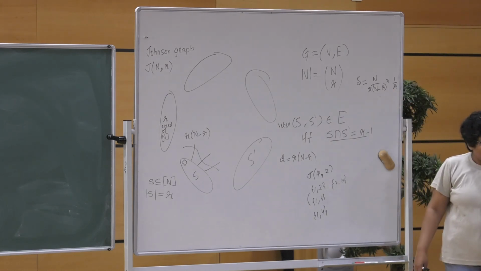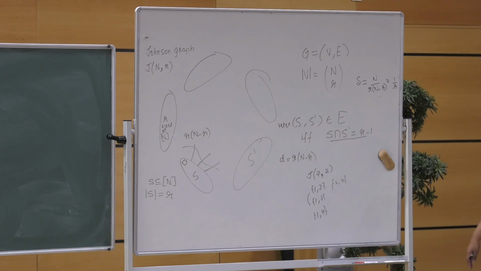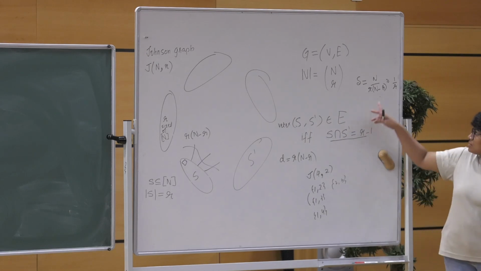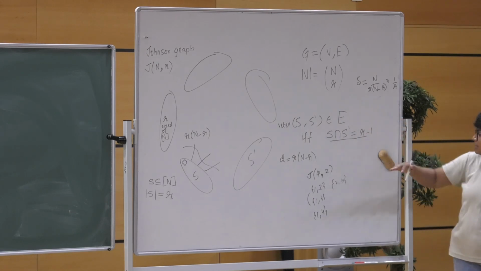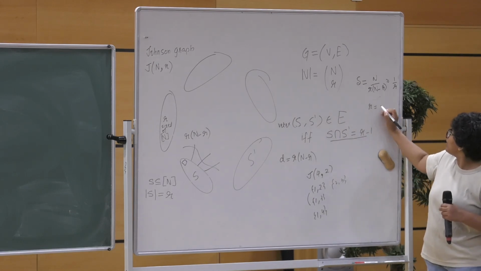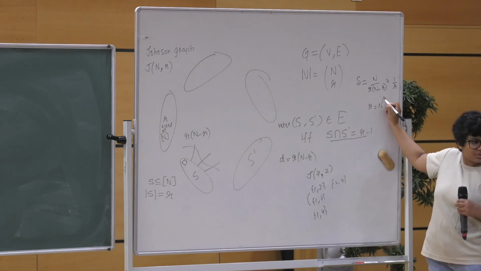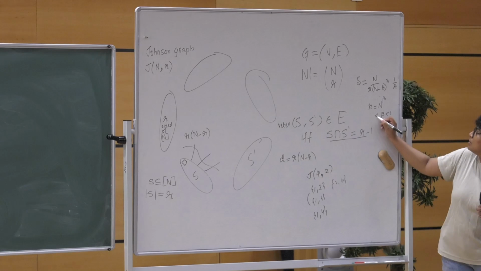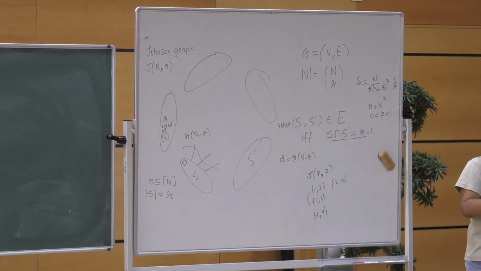When I look at it, N is very much greater than R, so you can neglect R with respect to N, and then you have the approximation 1 over R. It is going to be much greater than R. If your R is going to be some N power beta, which is what we will choose, for a beta strictly between 0 and 1, so we will make it polynomially related, but yes, N will be much greater than R that way.